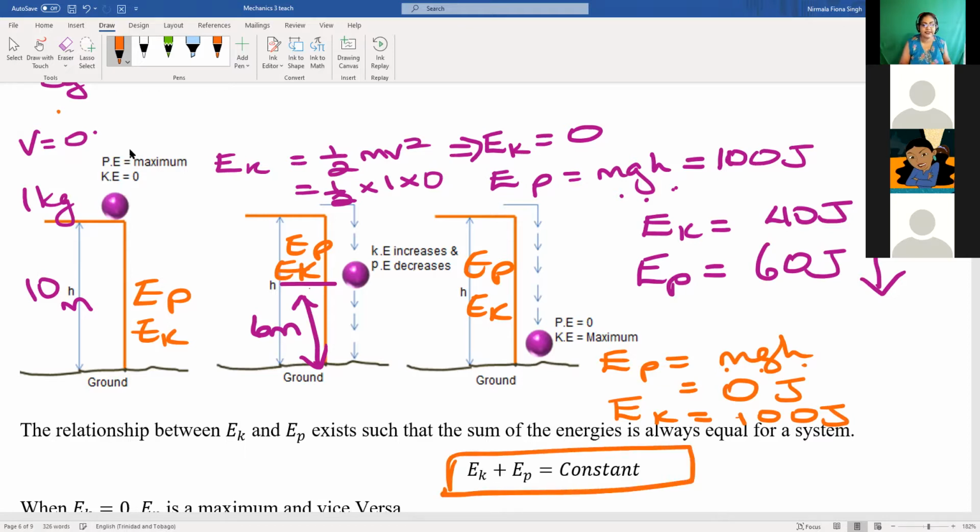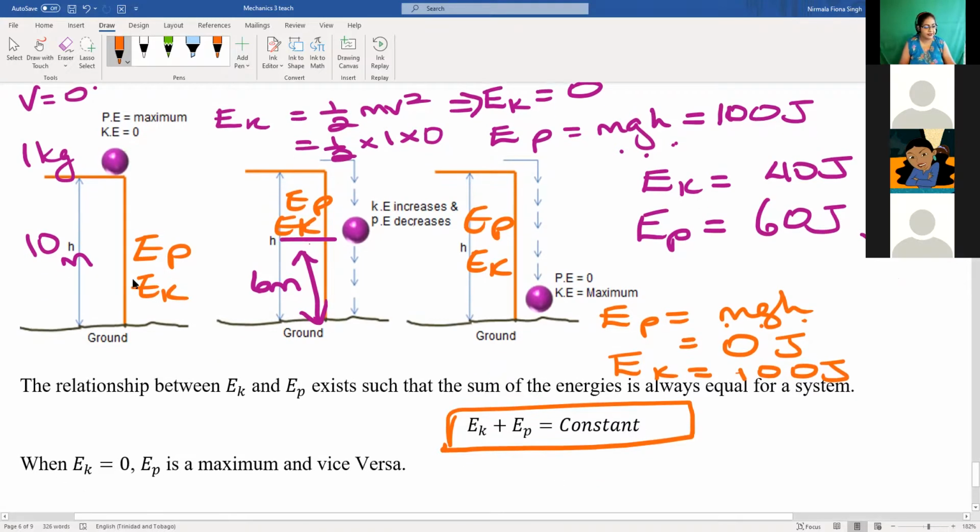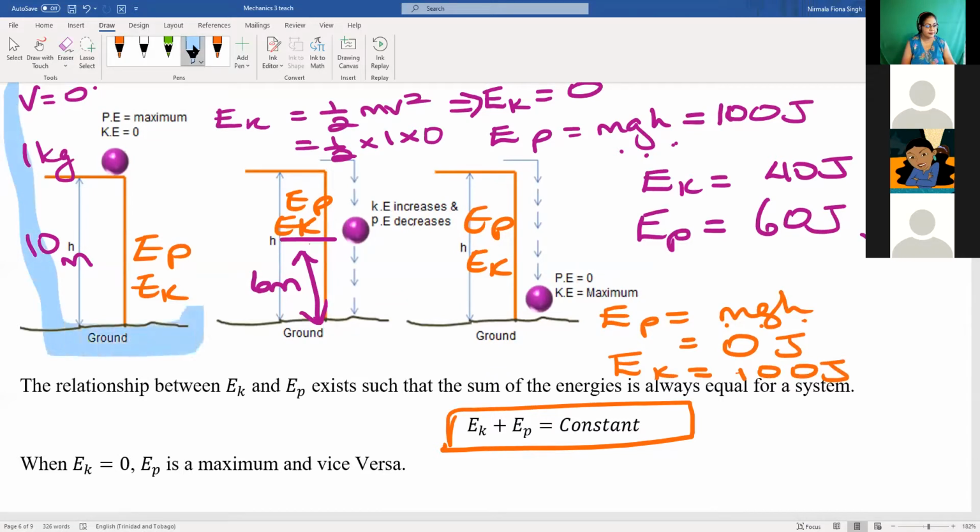So we can use this in maths. Let's continue reading. So when EK is equal to 0, meaning when your kinetic energy is 0, your potential energy was a maximum. Because as my object falls down, that H is going to get smaller and smaller and smaller. So that means the potential energy is going to get smaller and smaller.